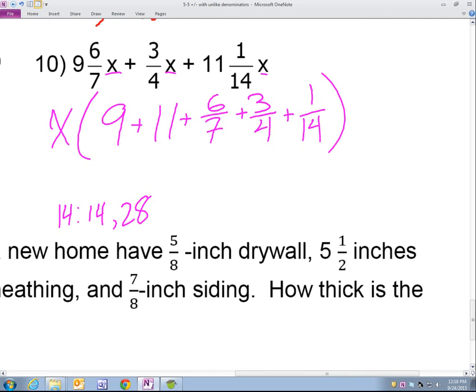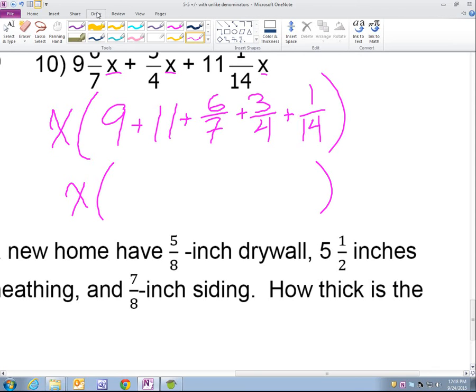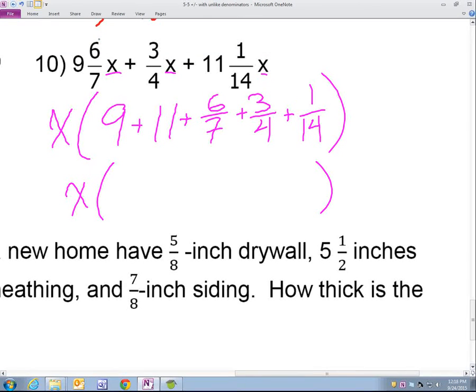Oh, ding, ding, ding. So I have 20 right here. 20 plus something over 28 plus something over 28.